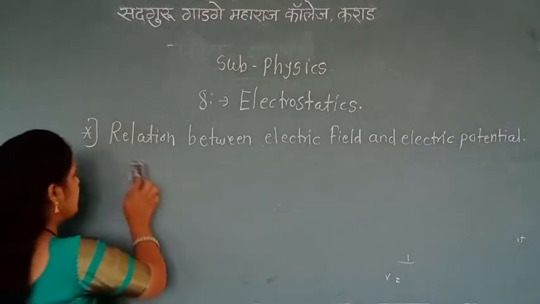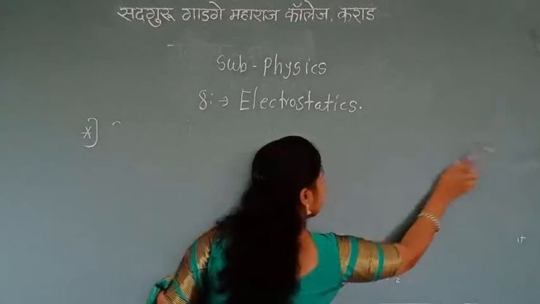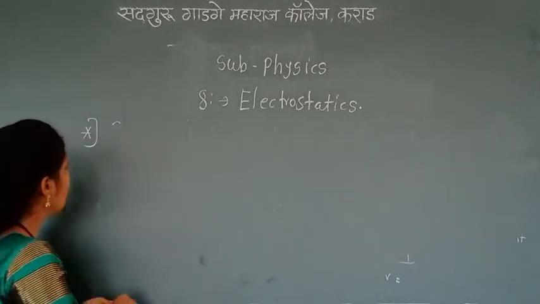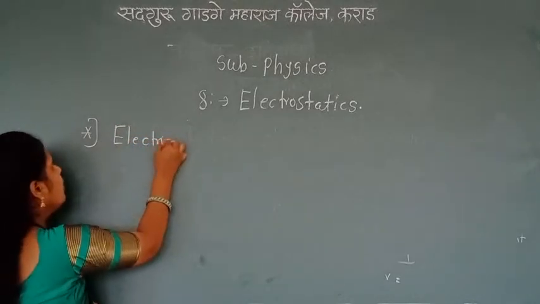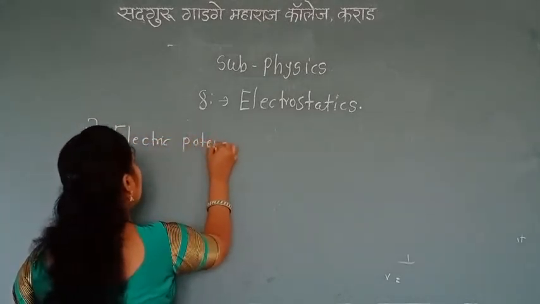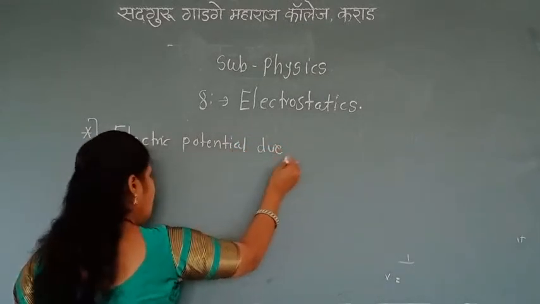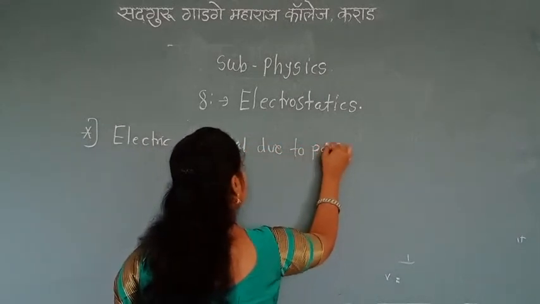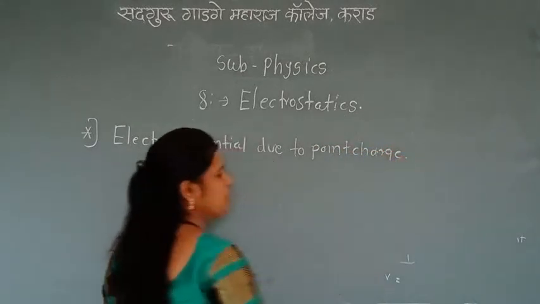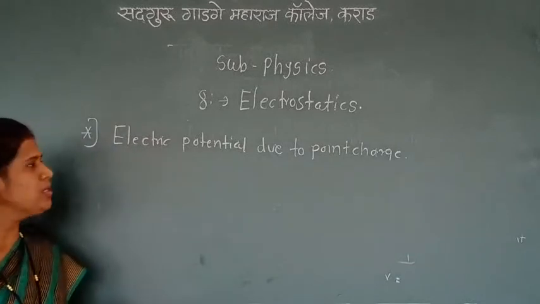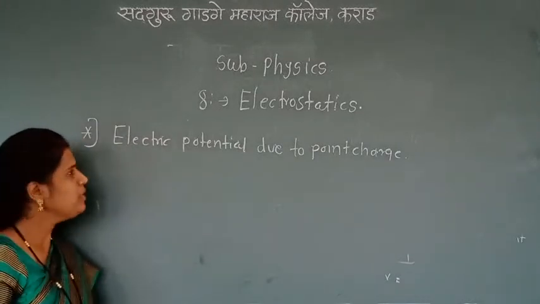Now we will discuss the expression for electric potential due to a point charge. Now we will see the expression for electric potential due to the point charge.